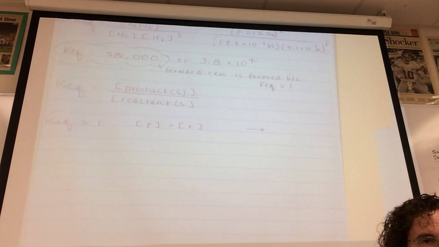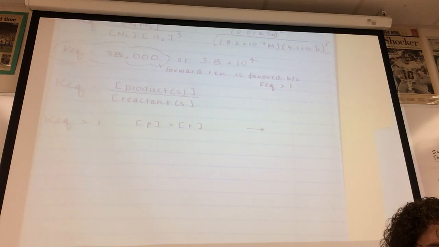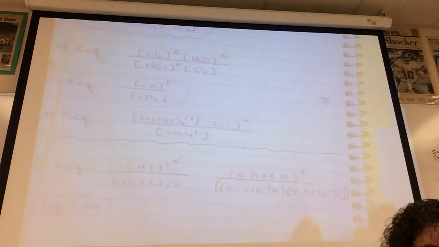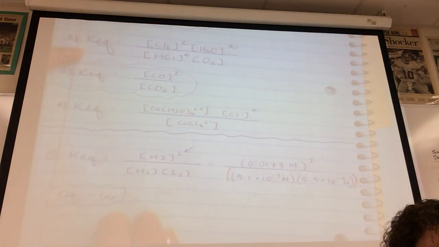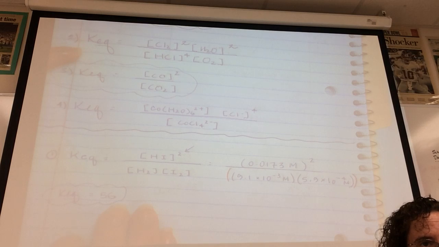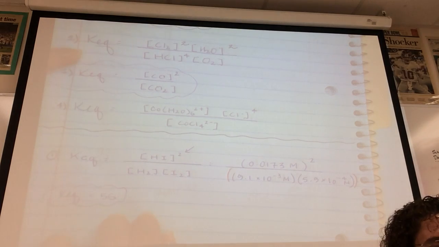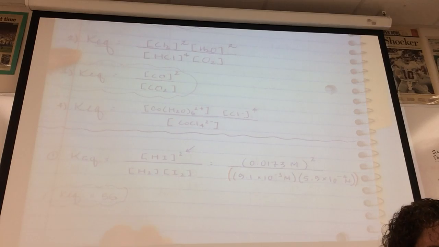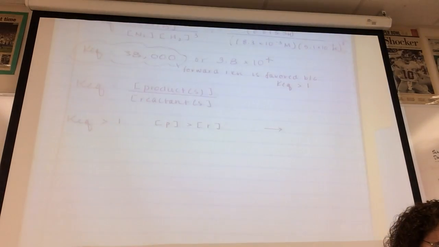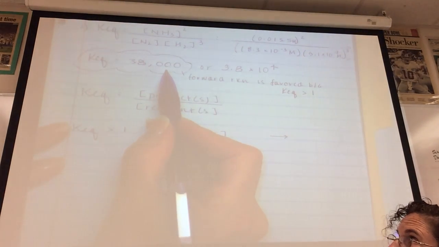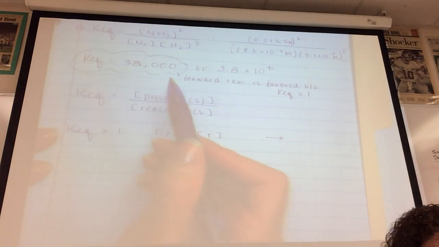In that case, delta G would be negative and you'd have a thermodynamically favorable reaction. How about here? Why is the forward reaction favored here as well? Because KEQ is greater than 1. Okay? So when KEQ is greater than 1, the forward reaction is favored.